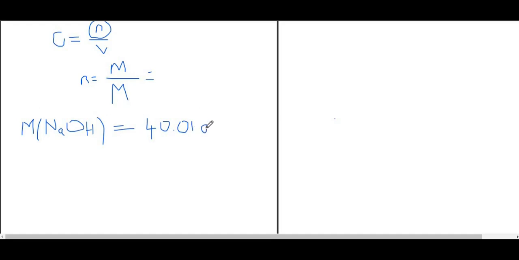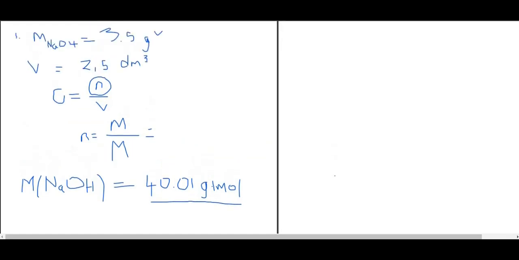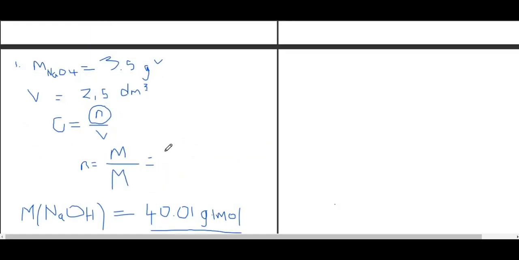You'll find the molar mass of sodium, which is equal to the relative atomic mass. Then you look at the molar mass of oxygen, the molar mass of hydrogen, and you add all of them together. So now I know the molar mass of sodium hydroxide. I also know the mass of sodium hydroxide. It means that I can find the number of moles.